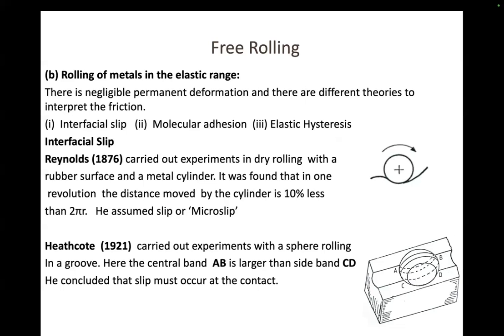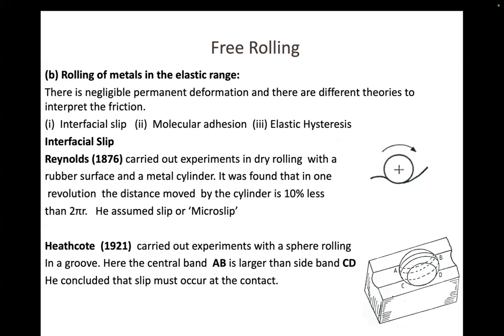Similarly, Heathcote in 1921 carried out experiment with a sphere rolling on a groove. Now here obviously we can see that the band AB, the central band, must be larger than the band outside CD.